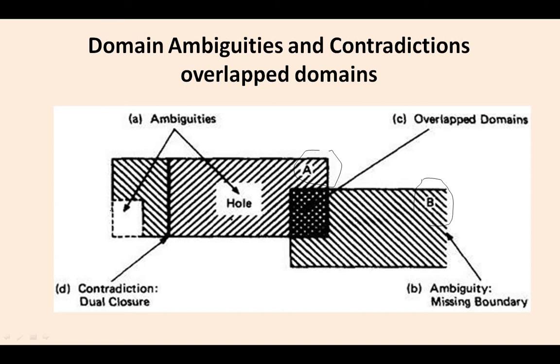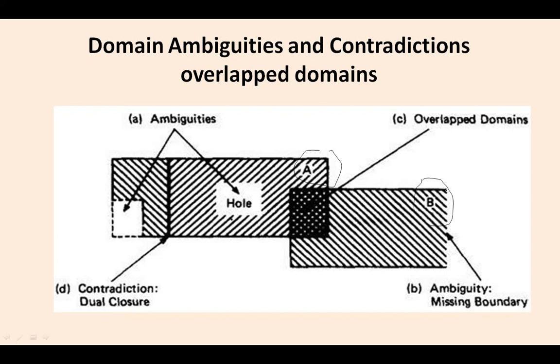Ambiguities are nothing but incomplete values. The holes are there. These are ambiguities. And contradiction means a dual closure exists in between the domains. This is an example of the contradiction, and this is the overlapping, and this is the missing boundary. There is no boundary at all for the B. This is the missing boundary.